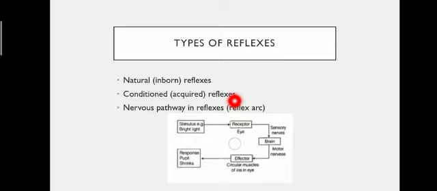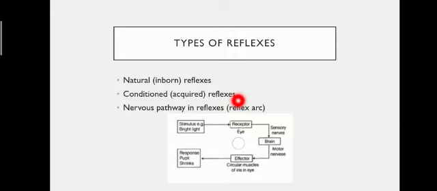Conditioned or acquired reflexes are the reflexes which we learn during our lifetime, like tying a shoelace. If I ask a 1 year old or a 3 year old child to tie a shoelace, that child won't be able to tie it unless the child tries to learn it.